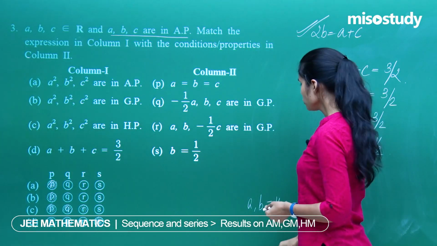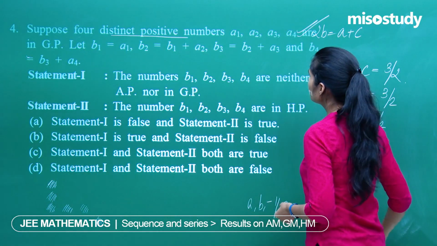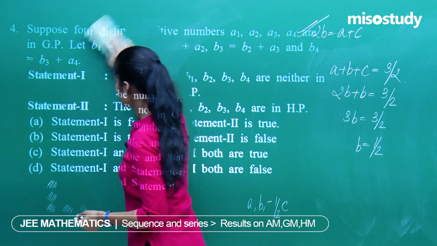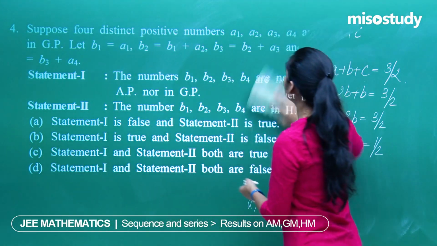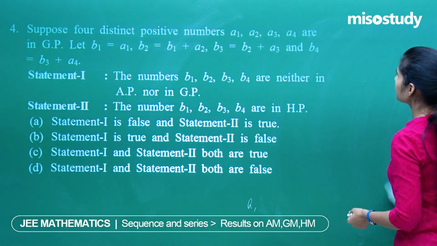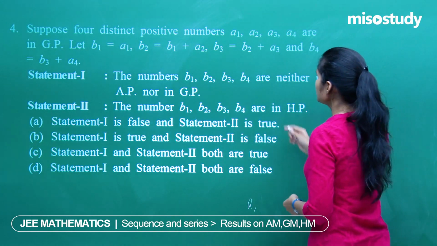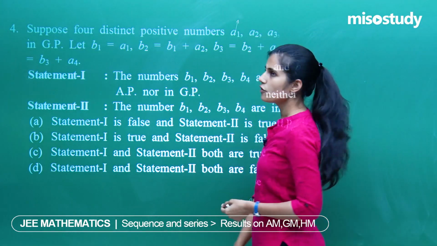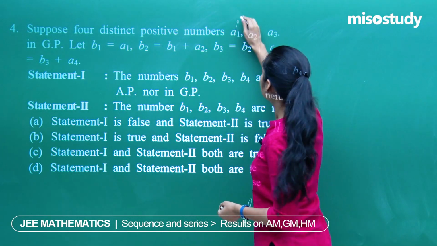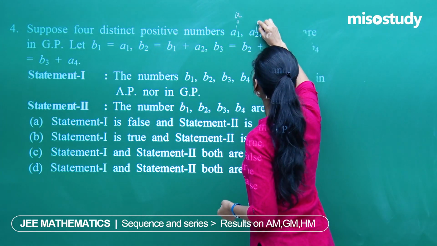Fine. Moving on to the next question we have, suppose 4 distinct positive numbers A1, A2, A3, A4 are in GP. If that is the situation, let the first term of that GP be small a and the common ratio be small r.